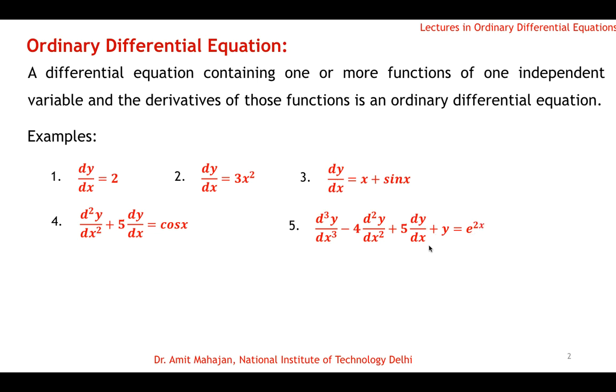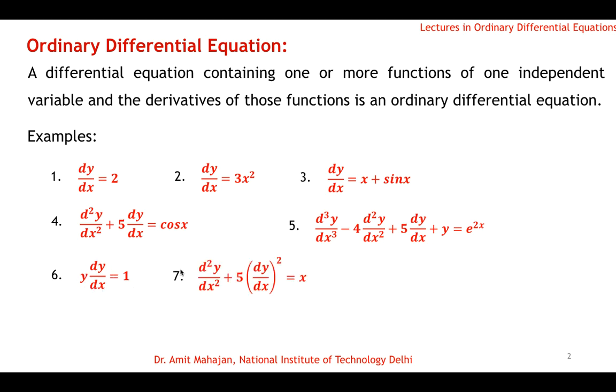The independent variable is just one, and wherever there is a derivative it is with respect to x only. Take another example, y dy by dx is equal to 1. Again it's a differential equation and it is ordinary because the derivative is only with respect to one variable, and there is a derivative term present in this equation.